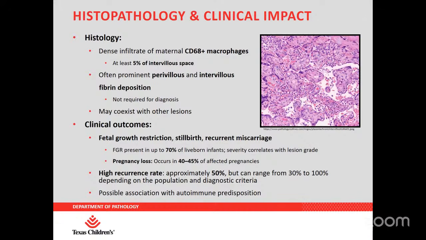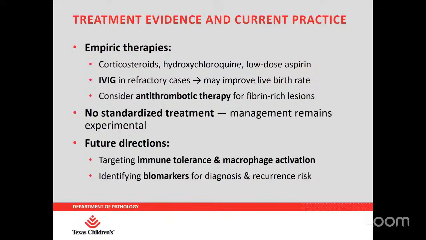The denser the macrophage infiltrate, the poorer the prognosis, with survival dropping to around 16% in the most severe cases. And importantly, recurrence is really common, often with more extensive disease. Many affected patients also show autoimmune features, reinforcing this idea that this is an immune dysregulation process rather than infectious.